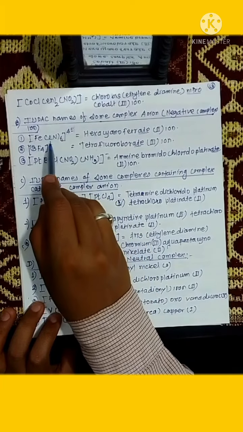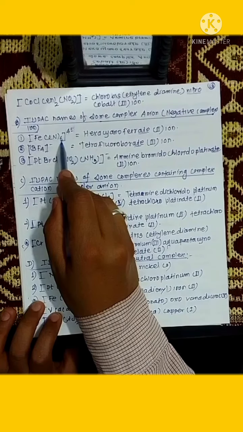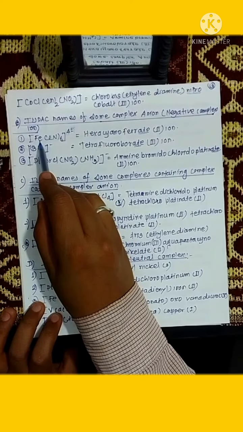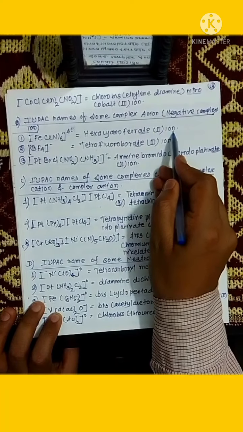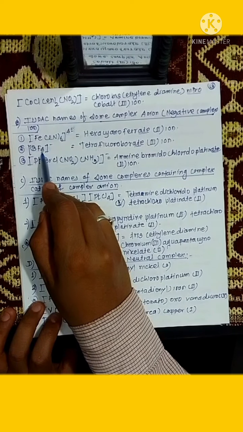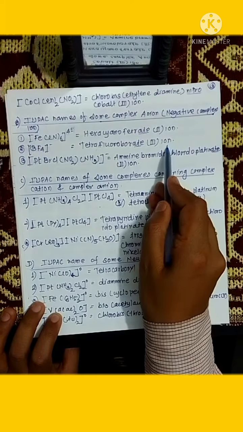Now this is an example of a complex anion: hexacyanoferrate(II) ion. It is tetrafluoro or tetrafluorido bromate(III) ion.